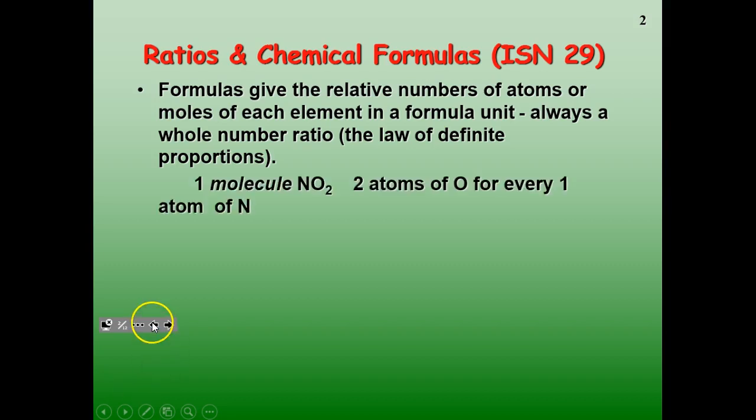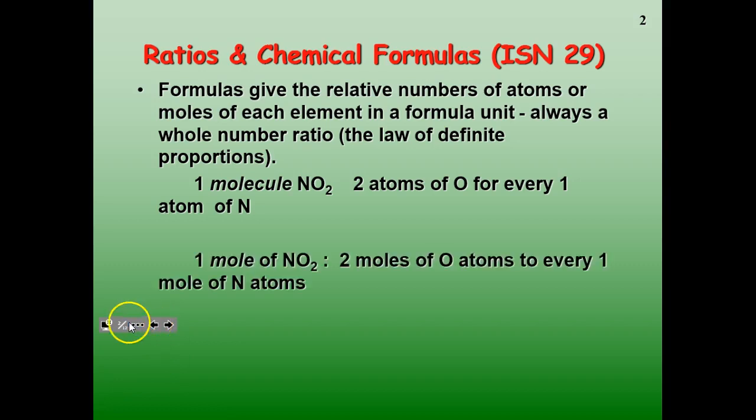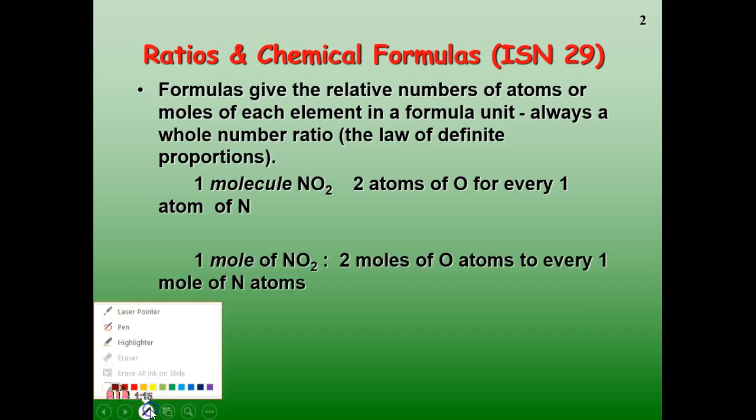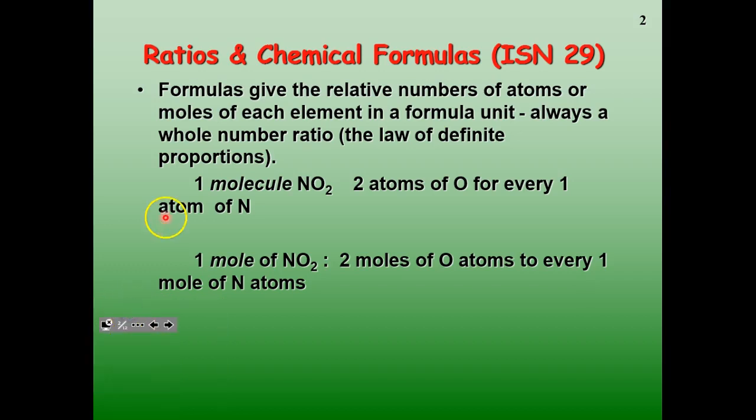Okay, so just like we can interpret the coefficients in a chemical reaction to mean different things like molecules, formula units, we can interpret the subscripts in a chemical formula to mean different things.